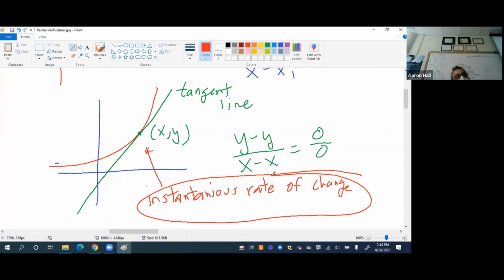Why is that important? Well, it's important every day. When you're driving to work or to school and you look down at your speedometer, you're looking at the instantaneous rate of change, right? You're looking at what the speed is exactly at that moment. The instantaneous rate of change is your velocity at that specific point in time.